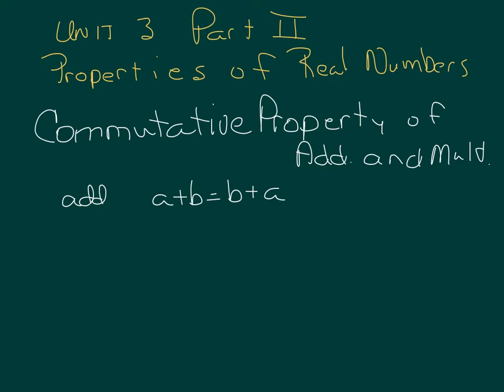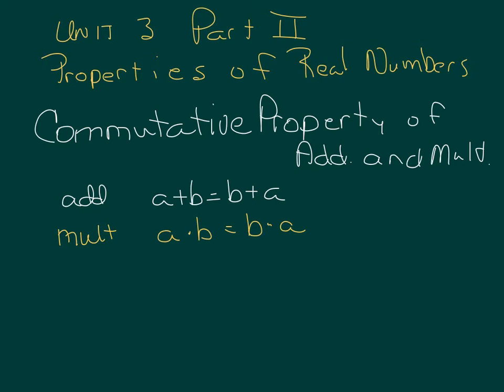They commute from one place to the other. If we want to look at the commutative property for multiplication, that is A times B equals B times A. When you commute from one place to the other, you move yourself, and that's what we're doing with this commutative property. It just moves from one place to the other.